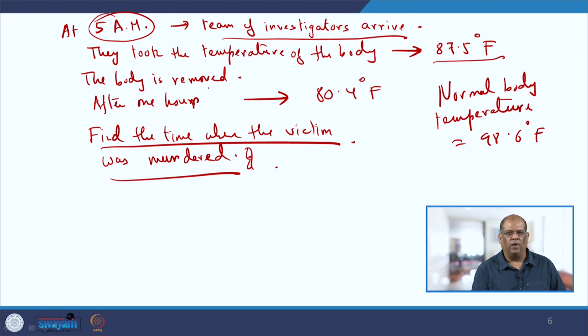The body is removed after 1 hour when they again took the temperature, which is 80.4 degree Fahrenheit. The normal temperature of a person when alive is 98.6 degree Fahrenheit. So, you have to find an approximate time when the victim was murdered.